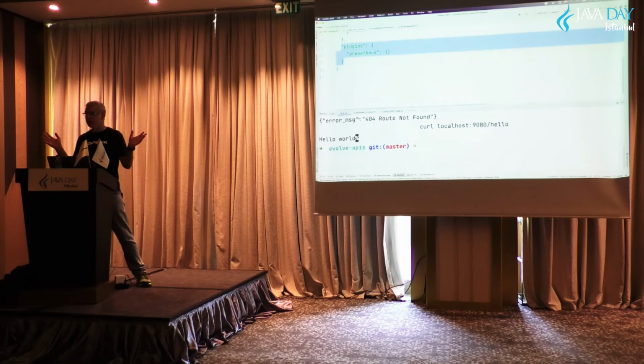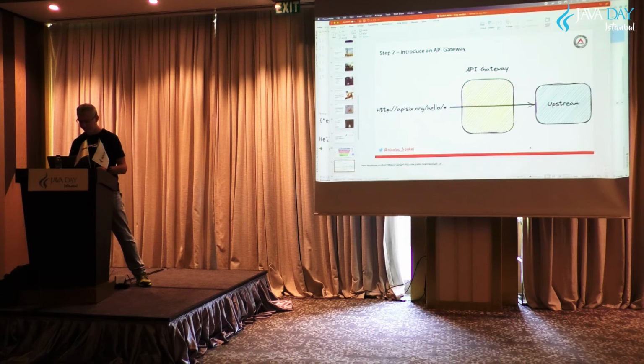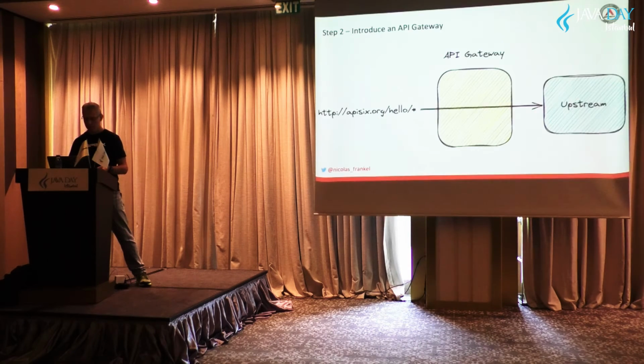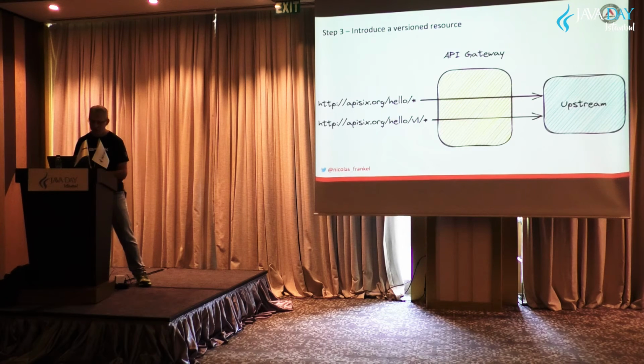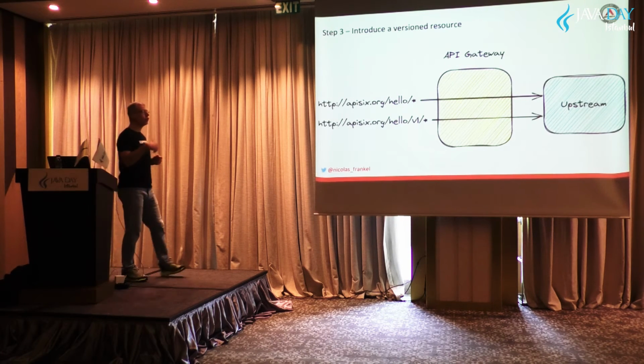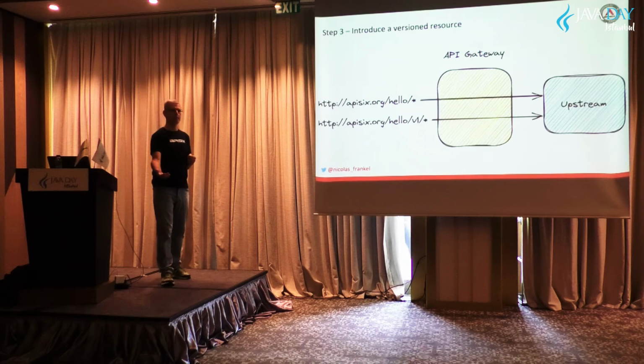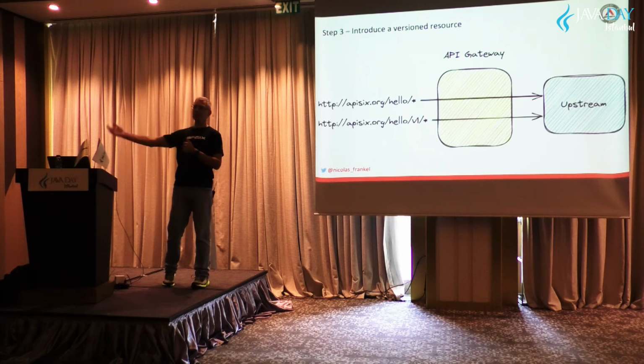I didn't change anything. I'm just introducing the API gateway, so we need to move a bit further to be interesting. At the moment, I have an unversioned endpoint, and I want to introduce a V2.